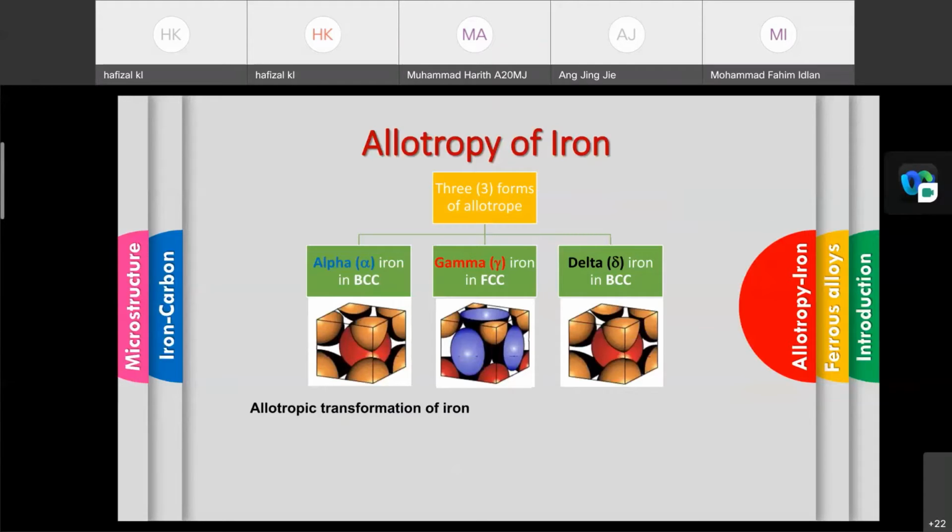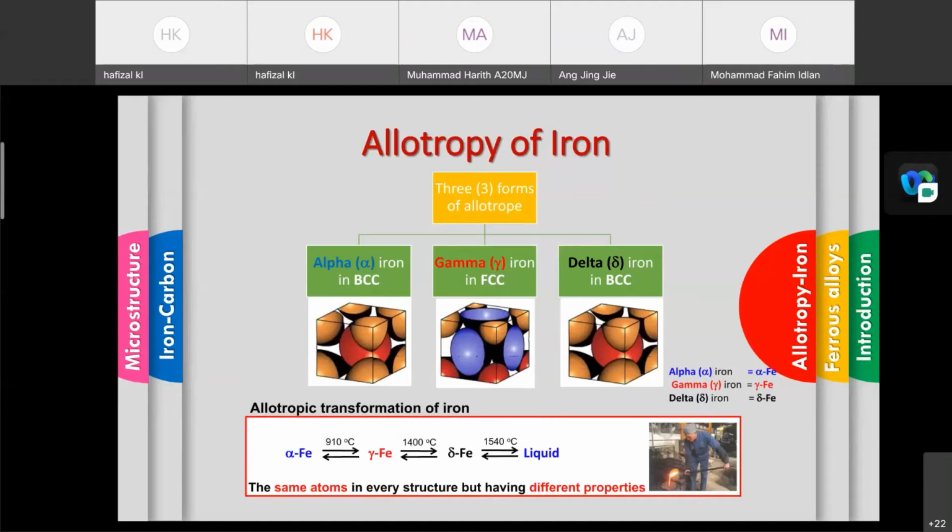So it will have an atomic arrangement with a different structure in the cubic cell. If we go through the solidification process, or the heating process at different temperatures, for the iron, the molten iron is around 1540 degrees Celsius, that one is a liquid state.